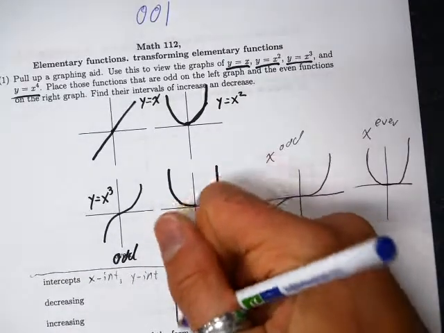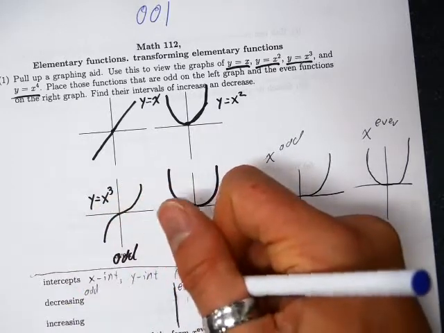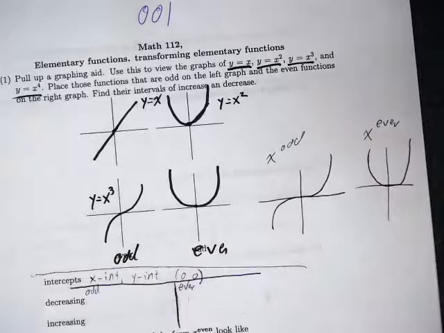And now I'll split it into odd case and even case. So look at all of the odd powers of x. That gives the generic picture. Where would you say that function is increasing? Positives.